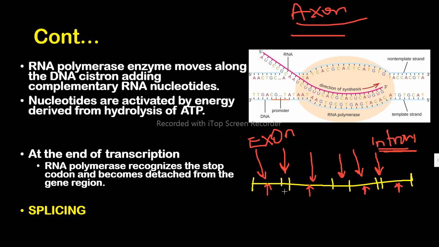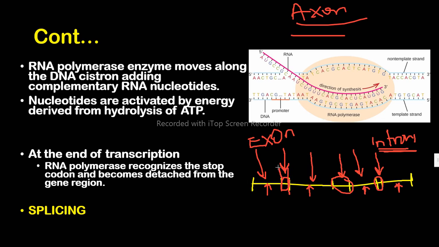Now there is no need of leaving this mRNA to move or to diffuse to the cytoplasm for translation when it still has, I think, these introns, these non-coding regions. They are useless. So what happens? You have your enzyme that will come and split this mRNA molecule.